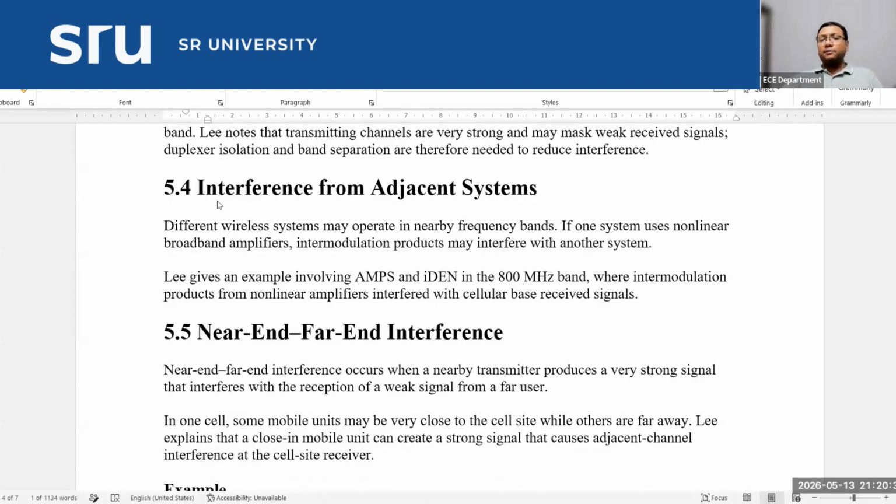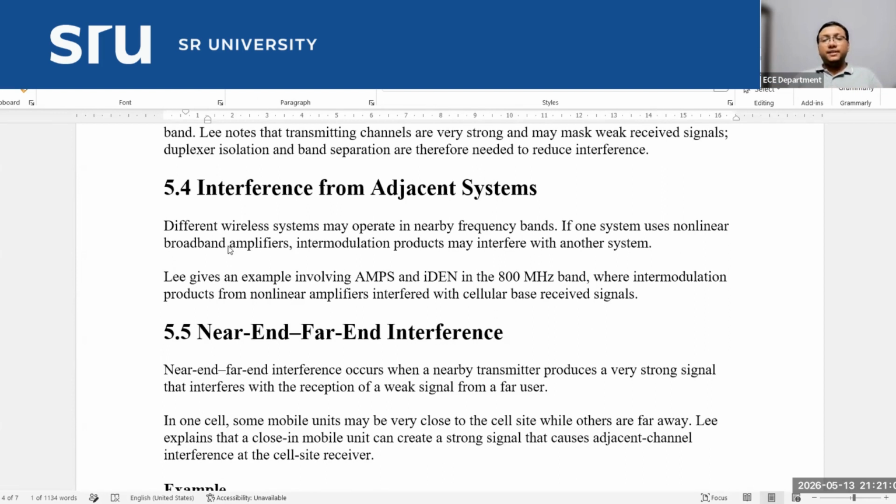Next, interference from adjacent systems. Systems means these are not part of the cellular telecom equipment. If some other services apart from the cellular telecom use the same frequency band, then also interference can exist.